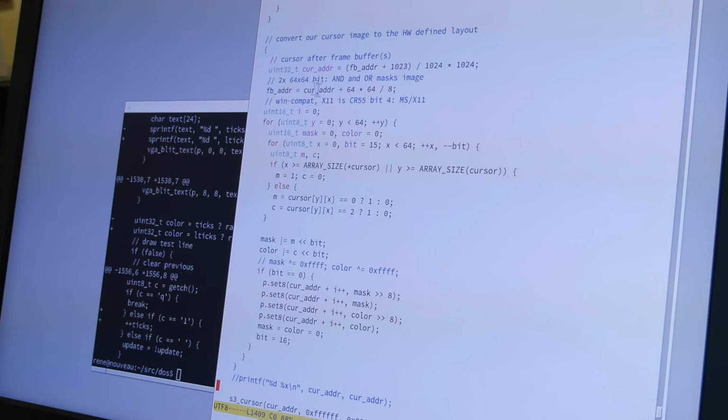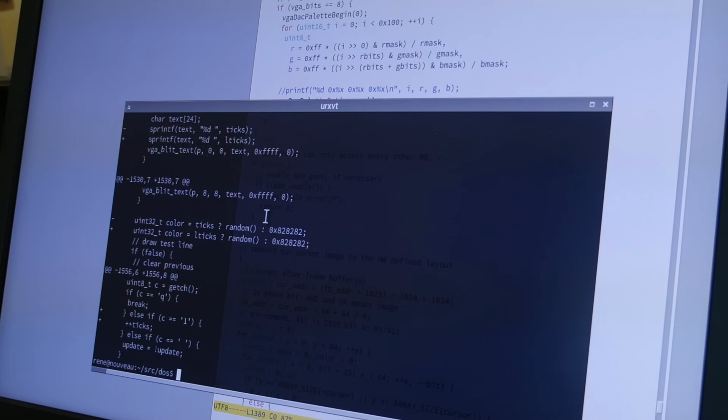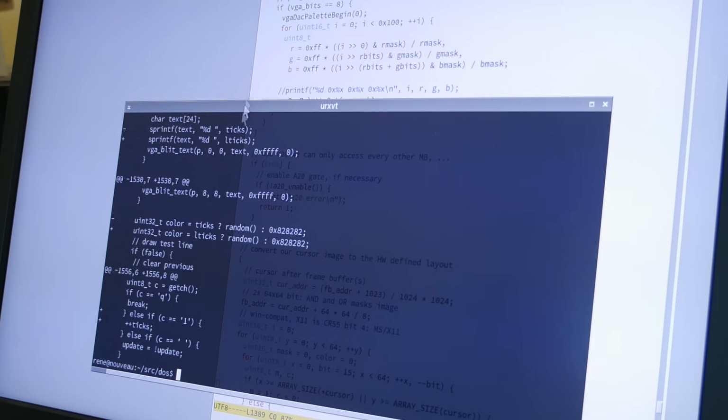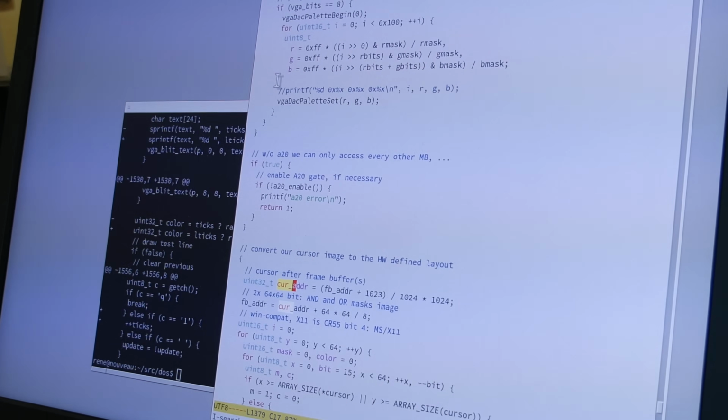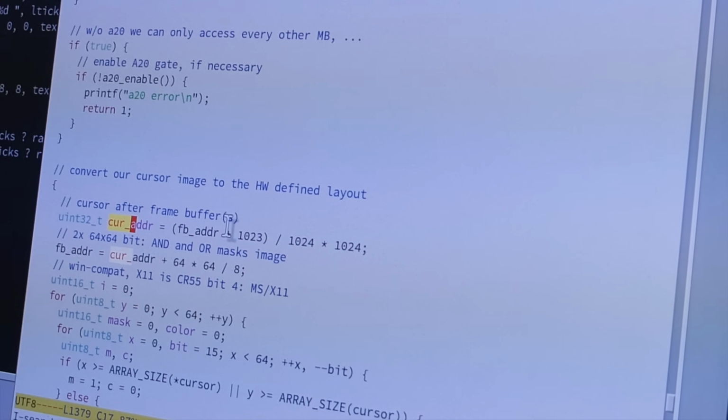I also change here, because the cursor is still being painted over, we still have there, you see, graphic garbage, and I currently do not allocate here nicely memory for the cursor. We just assume here something at the first megabyte, and we clearly paint this over with either the second frame buffer or the Z buffer. So we also want to change this.